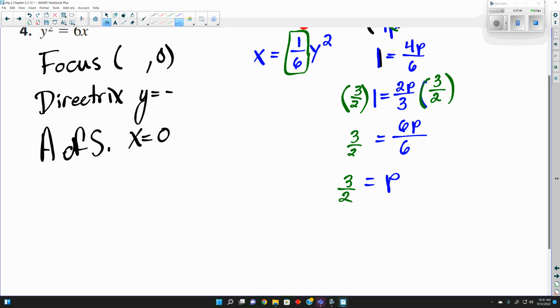P is 3/2. Because if we have a fraction, we can always multiply it by its reciprocal. So 1/6, its reciprocal is just 6 over 1.